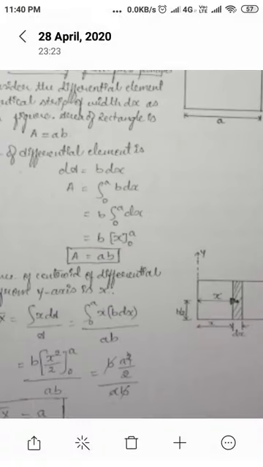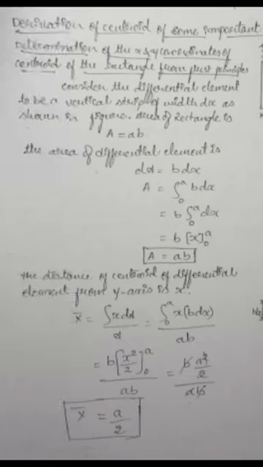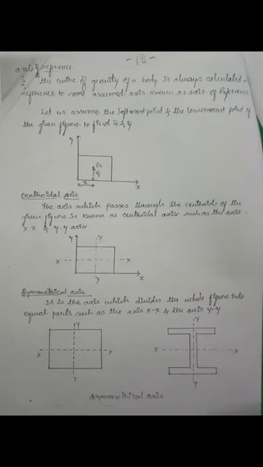The integral of x dA, where x is the distance from the CG and dA is the small elemental area, divided by the total area. That is the definition according to the centroidal equation, which I showed previously.